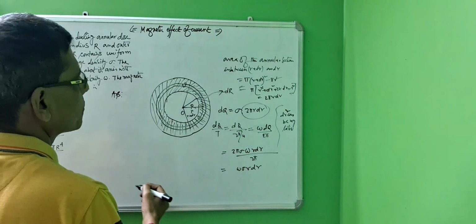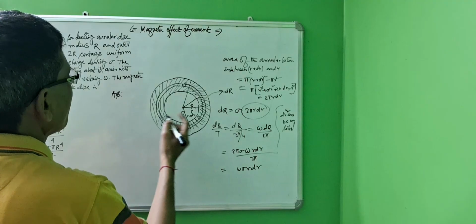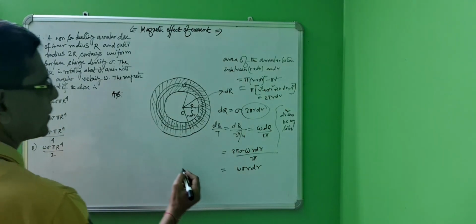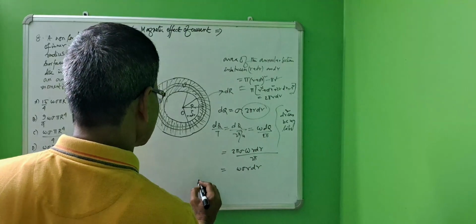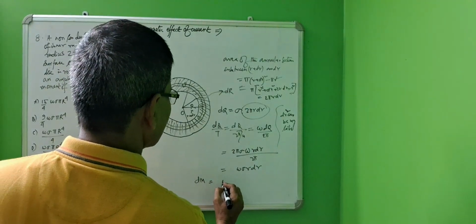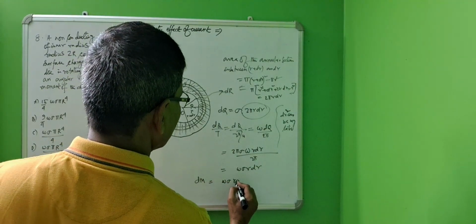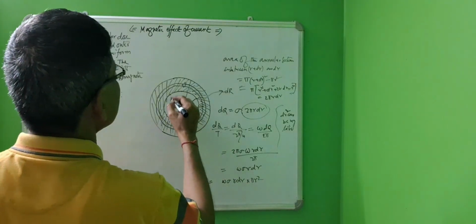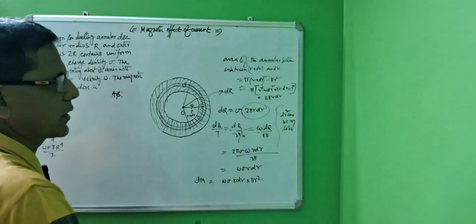Now the magnetic moment of that annular section, dm, equals omega sigma r dr into pi r squared. This area is to be taken as pi r squared.